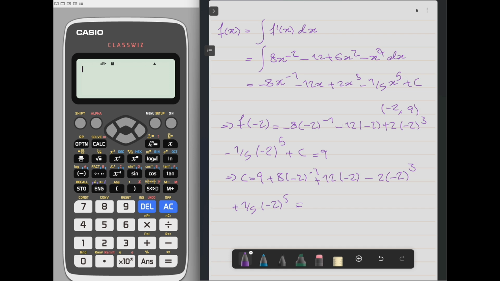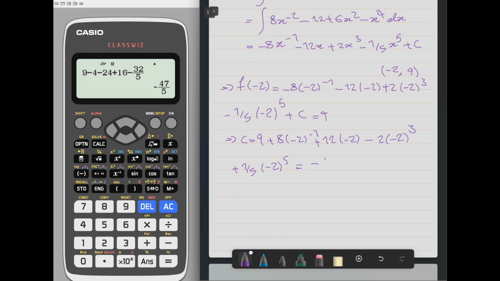Which is going to be 9 plus 8 over minus 2, which is minus 4, minus 24, minus 8 times 2 is minus 16 times minus 1 is 16, plus 16 plus minus 32 over 5. And our c is going to be minus 47 over 5.